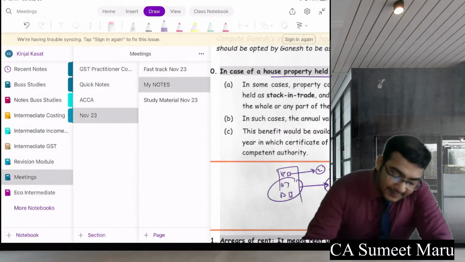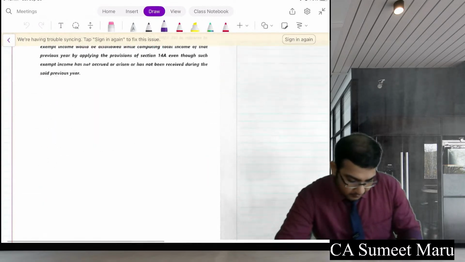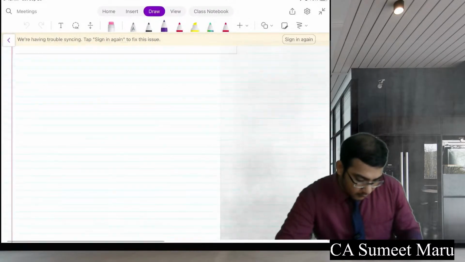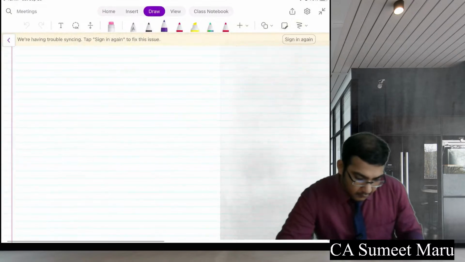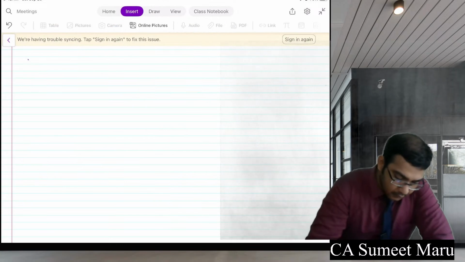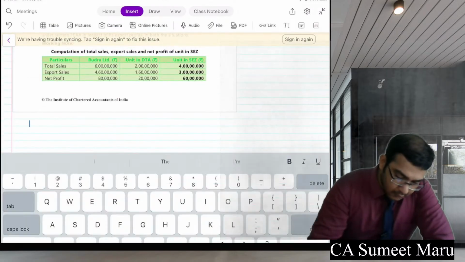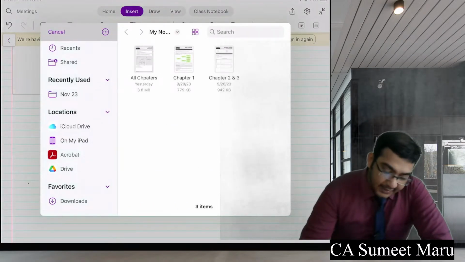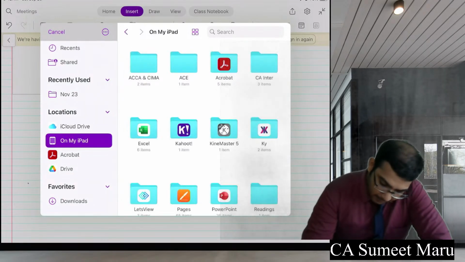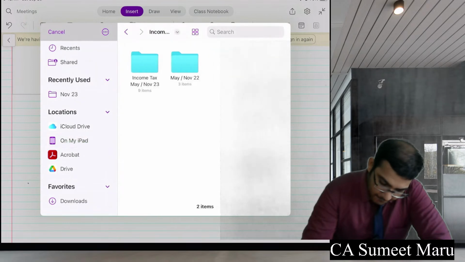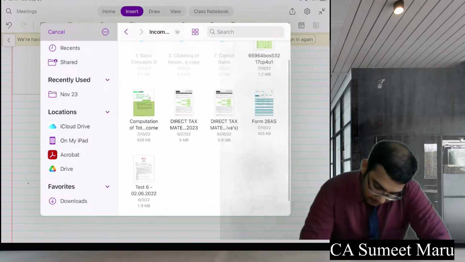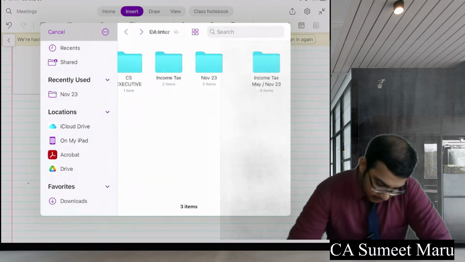Yes, same, if any specific thing has to be covered here, guys. Anything has to be covered, or are you clear, guys? Wait a minute.